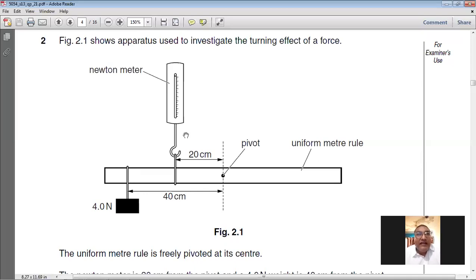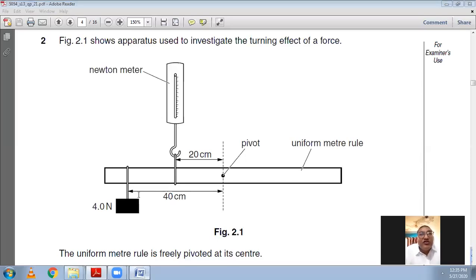And in the upward direction here we have 8 Newton force, and suppose the force here is also in the upward direction, and we want to find out this force and confirm its direction. The sum of the upward forces and the sum of the downward forces will be equal to each other. So this 8 Newton upward plus this force F, which I have supposed is in the upward direction, will be equal to 4 plus 1.2.